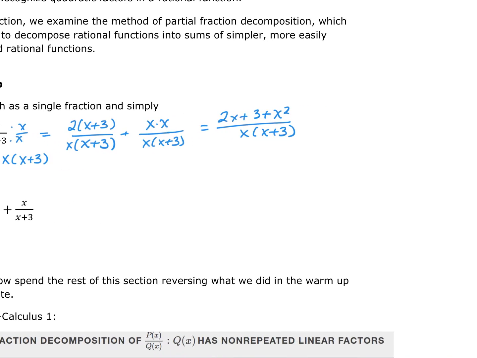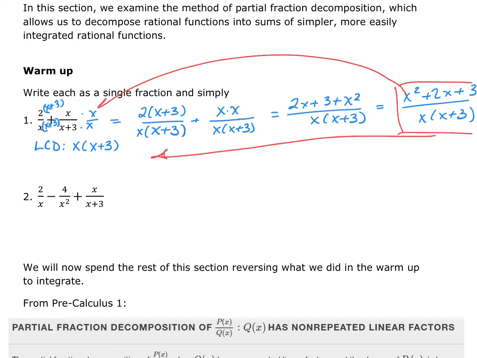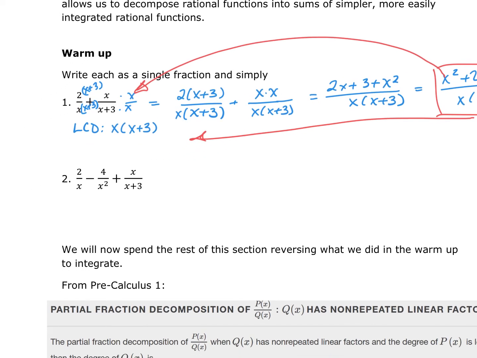Now the numerator, I'm just going to reorder it. So it's x squared plus 2x plus 3 all over x plus 3. What we are going to do, by the way, is go backwards. This is just a nice review on how to go forward, but we're going to be given this, and we're going to try to get to here so that we can integrate it. Let's do one more.